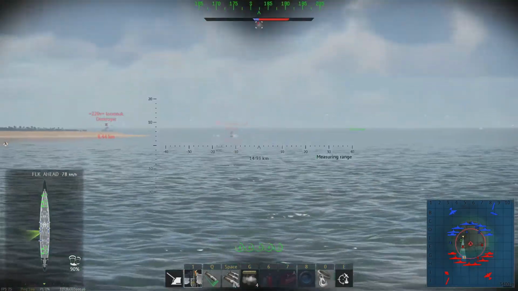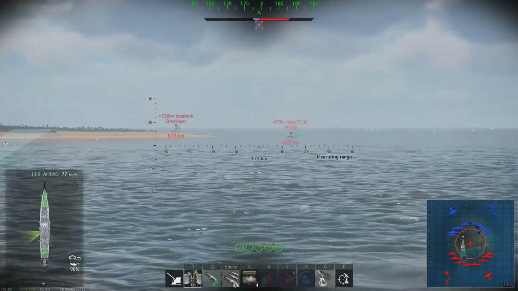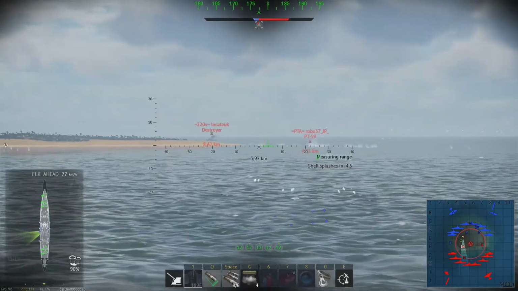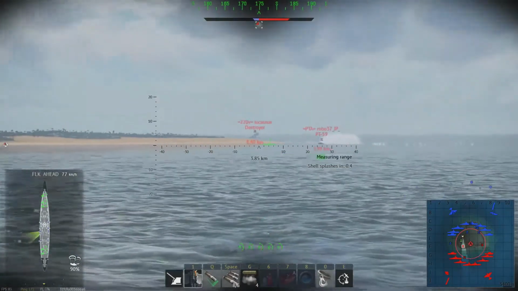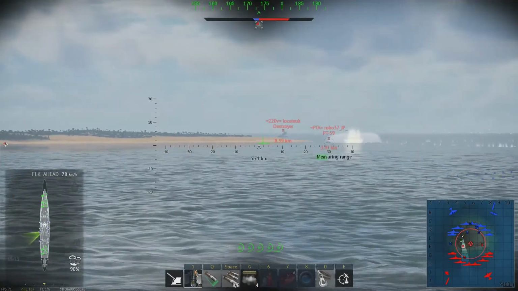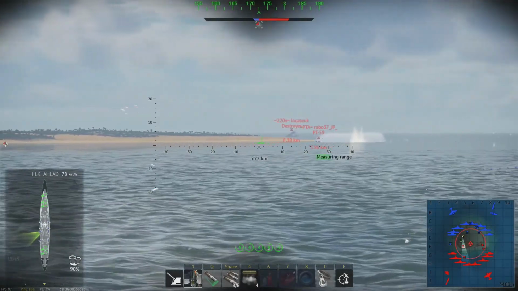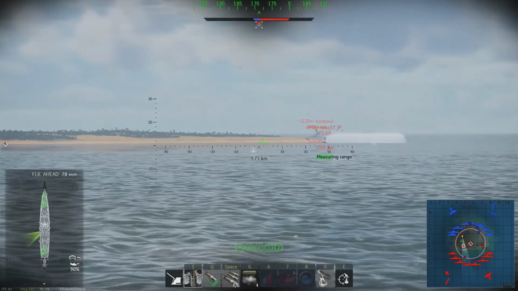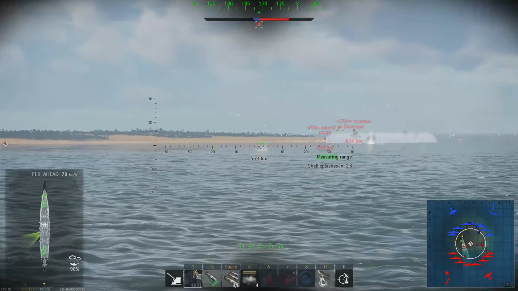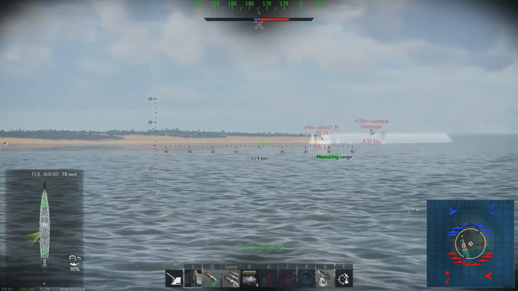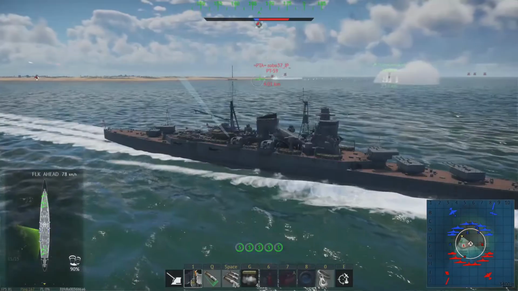There's a little PT boat there. These things are a threat. Little bastard. I'm gonna sink that guy. Very difficult to hit. They're so fast.